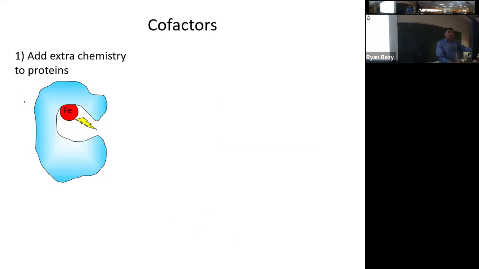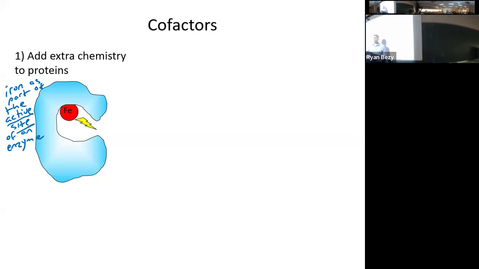So here, for instance, I have an iron as part of the active site. And I'm going to underline active site. When something is acting as a cofactor, if it's adding extra chemistry to the proteins, to the enzymes, it's always functioning at the active site of the enzyme.